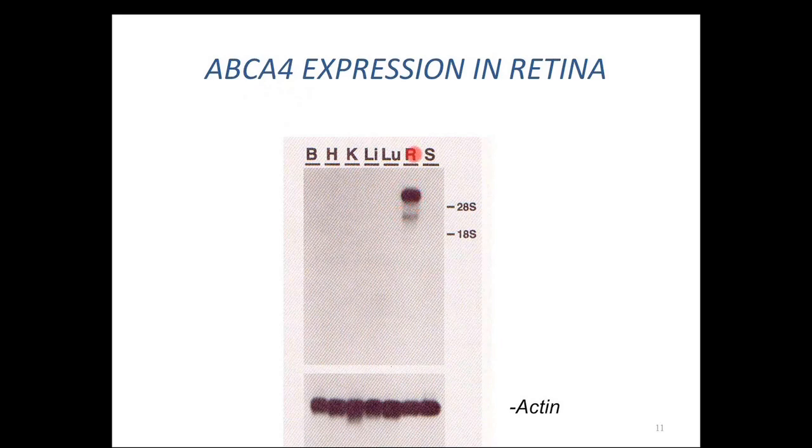It was expressed only in the eye and the retina, and nowhere else in brain, heart, kidney, liver, lung, spleen was the gene expressed. And we mapped the gene to chromosome 1 right in the region where other investigators had mapped the gene for Stargardt disease. And since we had a gene expressed only in the eye and in the same region where there was a genetic disease involving the eye, we thought there might be a connection.